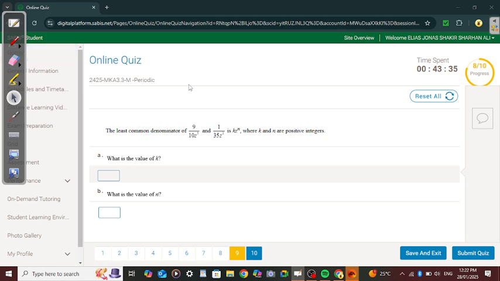Okay, so to find this common denominator, we need to write out the multiples. 10 is 5 multiplied by 2, z, z, z, 5z. 35 is going to be 7 multiplied by 5 and 2 z's.